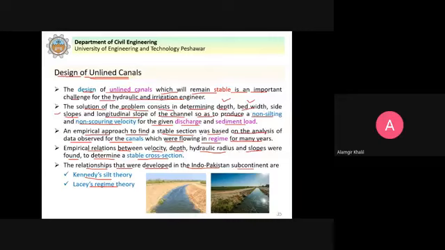Now for the unlined canals, how to design them? As per your syllabus, we will study these two theories in detail: Kennedy's silt theory and Lacey's regime theory. There are also other approaches, but as per your syllabus, we will study these two in detail and how to design the unlined canals.